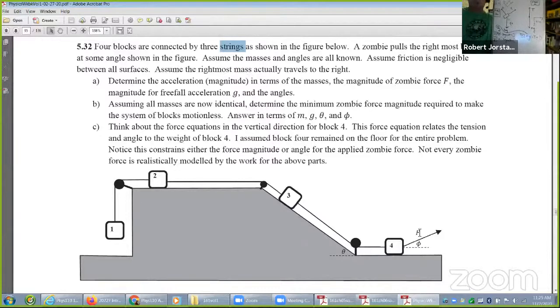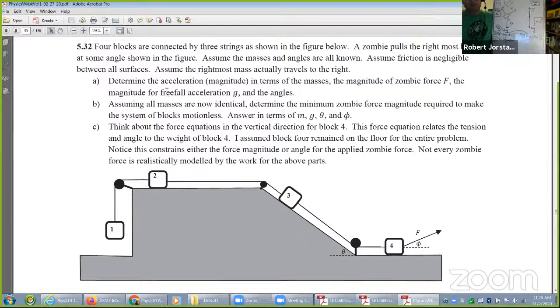A zombie pulls the rightmost block at some angle shown in the figure, phi. Friction is negligible, and we are going to assume the rightmost mass actually travels to the right. And then we're supposed to get some acceleration in terms of all these forces and angles.